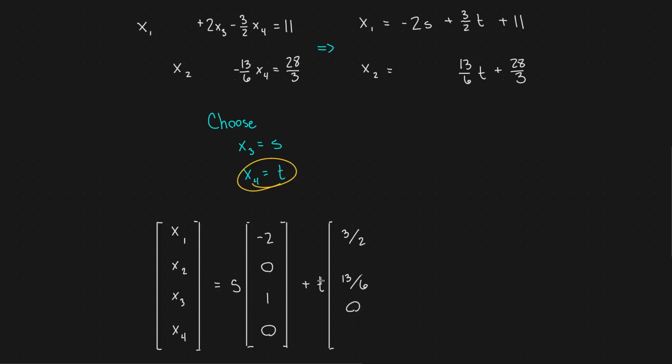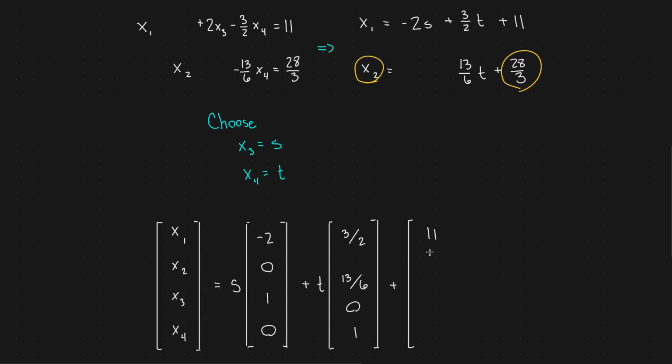And for x4, that's 1. And then finally, my vector of constant values. For x1, I have a constant 11. For x2, I have a constant that's 28/3. And x3 and x4 don't have any constants, so 0 and 0.